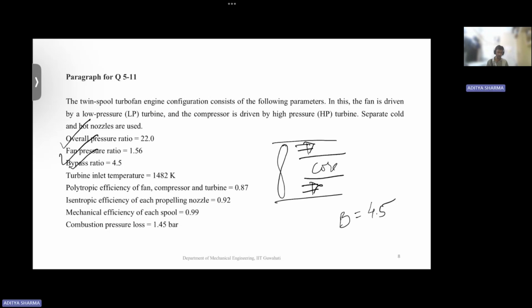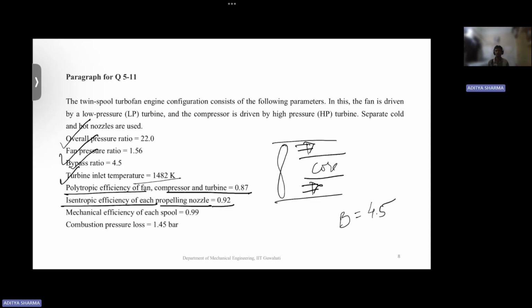Okay. Then turbine inlet temperature has been given as 1482 Kelvin. Polytropic efficiencies of fan, compressor, and turbine are all the same at 0.87. Isentropic efficiency of each propelling nozzle is 0.92.